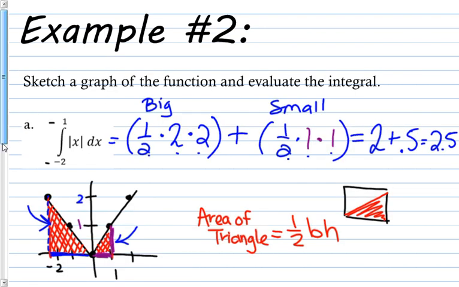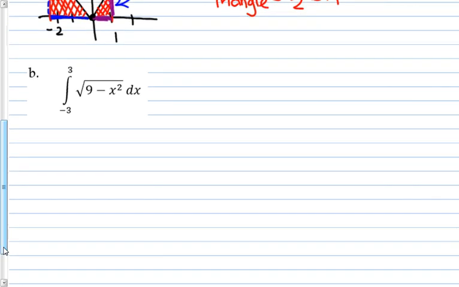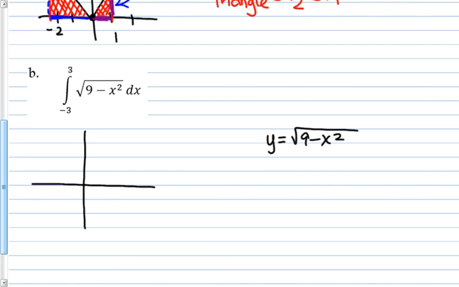B. I want you to graph this and find the area as well. I want you to become familiar with equations that look like this. This equation is essentially y equals square root of 9 minus x squared. Let's say I get rid of the square root by squaring both sides. I get y squared equals 9 minus x squared.